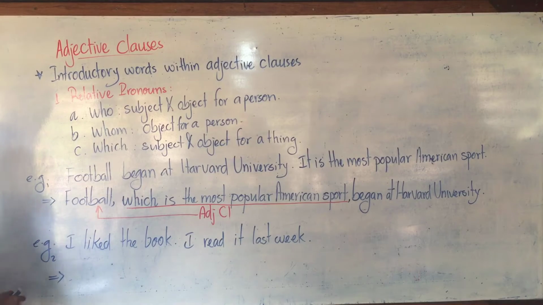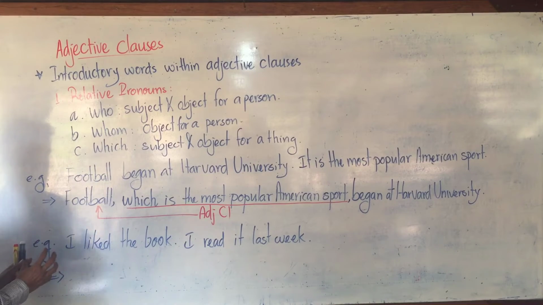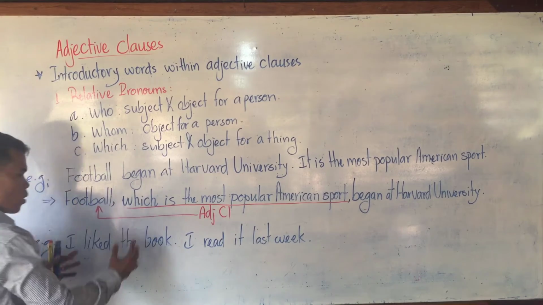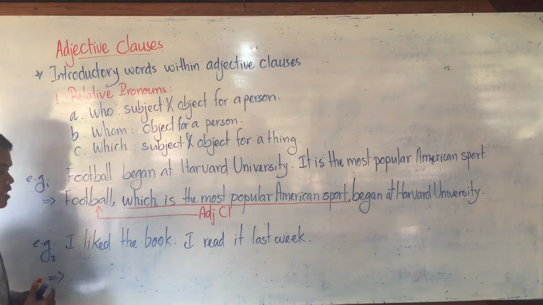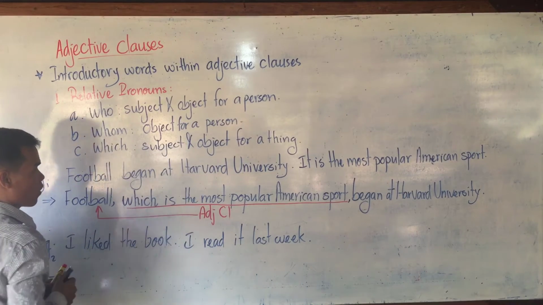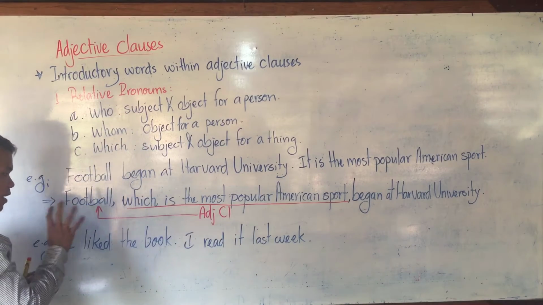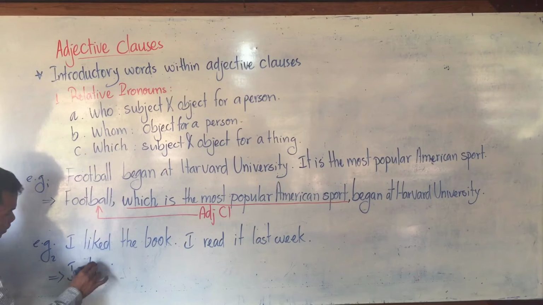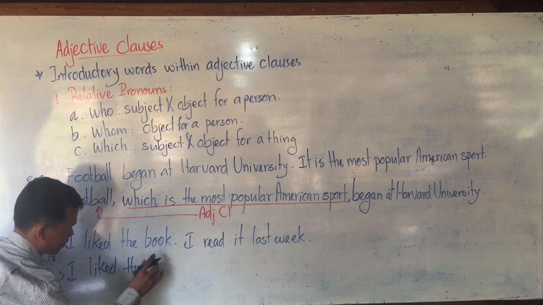Look at number 2. I like the book. I read it last week. Which nouns are the same in these two simple sentences? When we know the same noun and we combine these two simple sentences into one complex sentence, we use the relative pronoun which here because which is used for a thing. The book and it are the same, so we can write: I like the book. The book here is an antecedent or head noun.